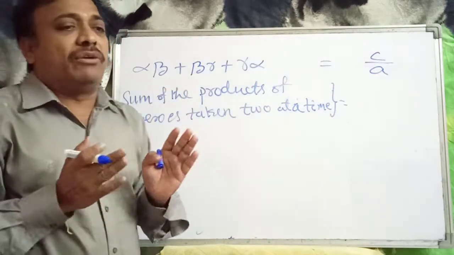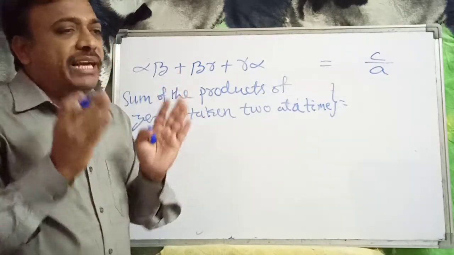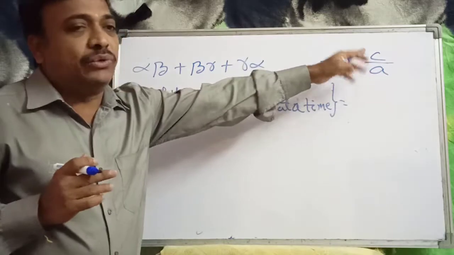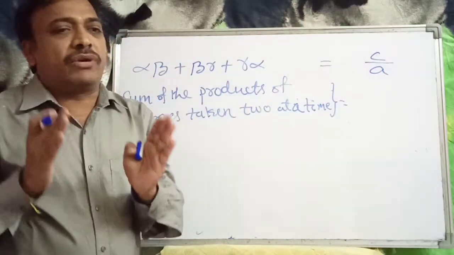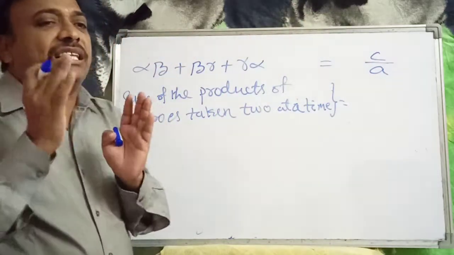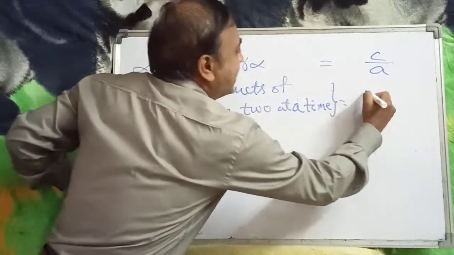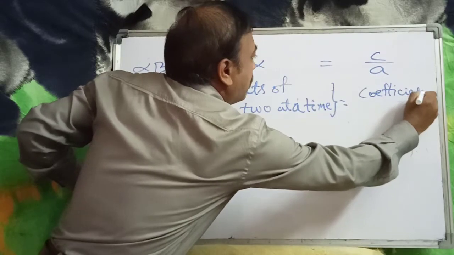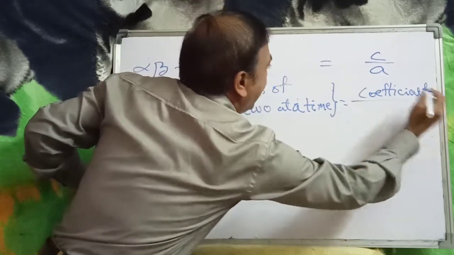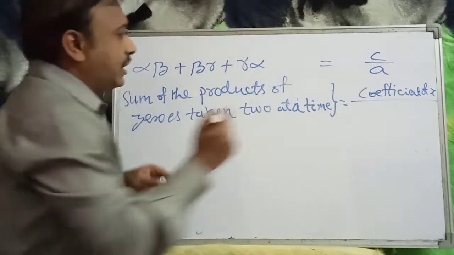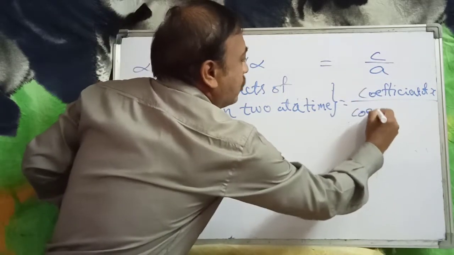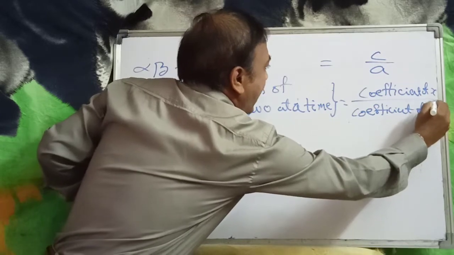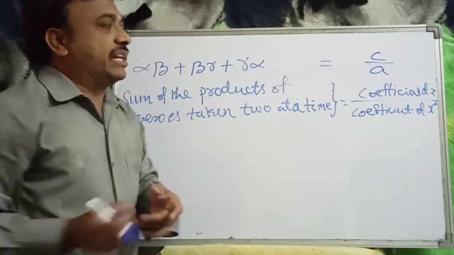So in the polynomial ax cube plus bx square plus cx plus d, what is the c value? Ax cube plus bx square plus cx. So c is nothing but the coefficient of x, divided by a, which is the coefficient of x cube.